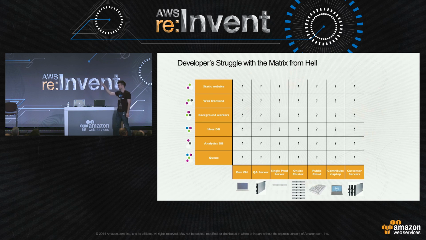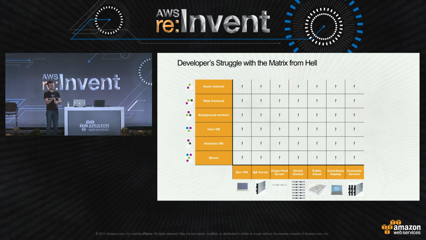So what we end up having is what we call the matrix from hell, right? So you have all these different environments: a dev environment, a place for QAs to test it, a server that you want to run it on in prod, and you have all these different things that you might want to run, including an analytics DB, another DB, maybe a key value store, your actual application code.